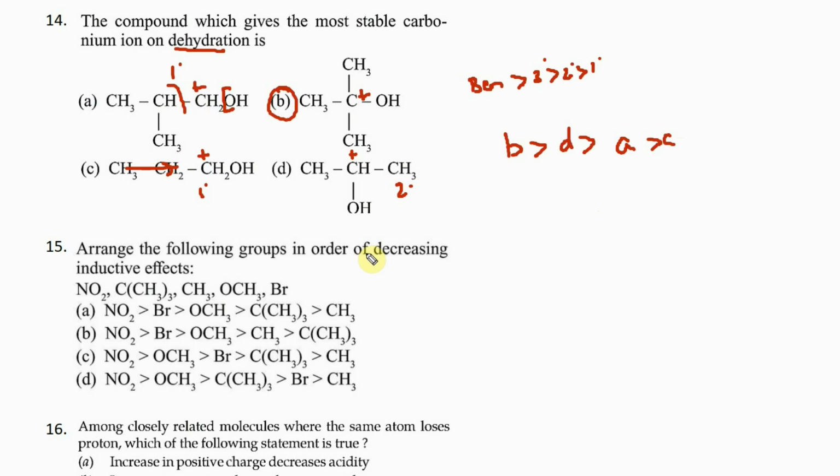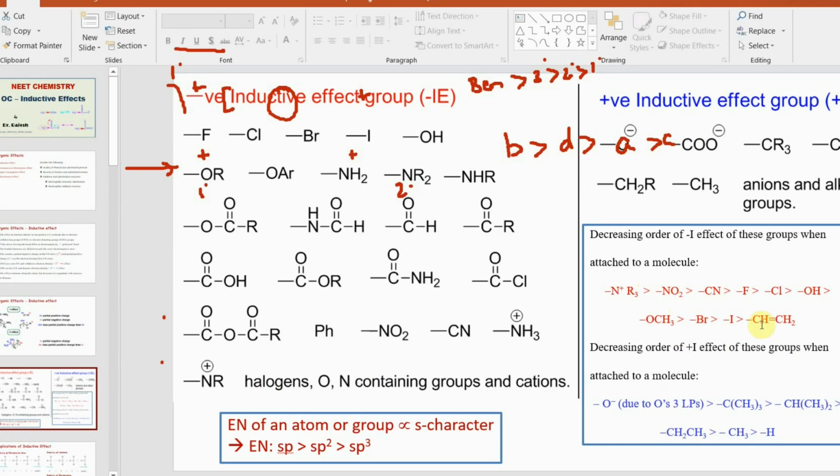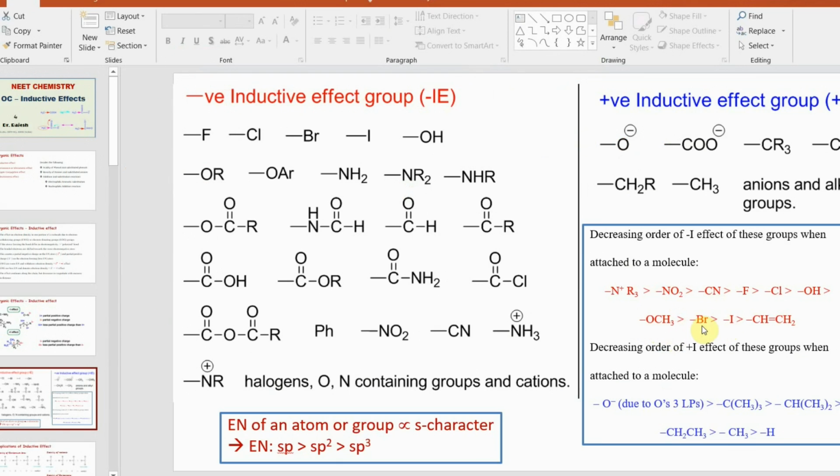15. Arrange the following groups in order of decreasing inductive effect. I know NO2 is the most important. Next, Br or OCH3. OCH3 is going to be stronger because oxygen is more electronegative. This is our lecture. In our lecture I have given you OCH3 greater than Br because oxygen is more electronegative, but since oxygen is giving CH3, giving electrons, it is a little less, so it is after OH but still greater than Br.